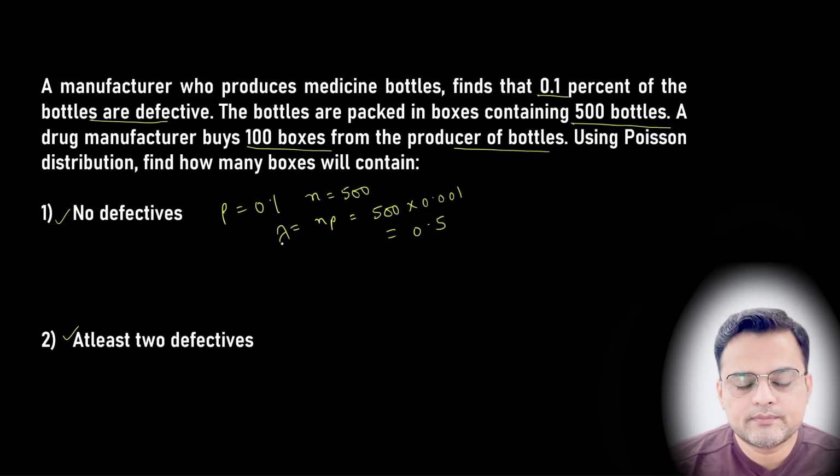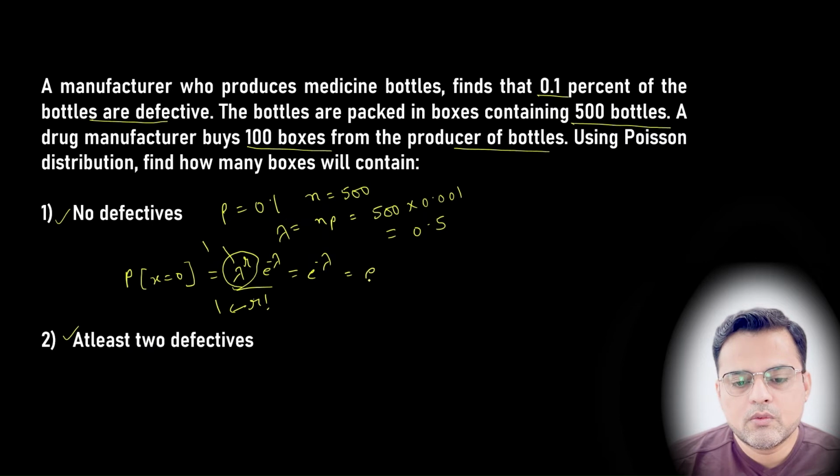This is my lambda. Now my probability of x equal to 0, meaning no defective, will be lambda to the power r, e to the power minus lambda, divided by r factorial. So lambda to the power 0 will be 1, r factorial will be 1, so this will become e to the power minus lambda, which is equal to e to the power minus 0.5.